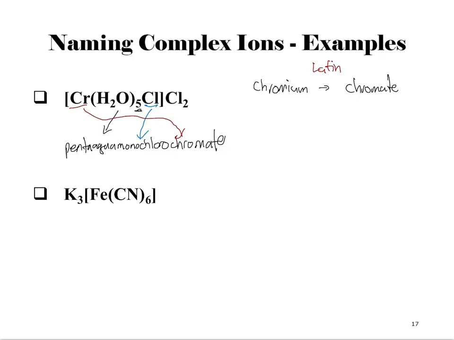All right, what about the next one? What's our ligand? CN, right? So it's CN, which is cyanide, and when it becomes a ligand, it becomes what? Cyano. Yeah, cyano.